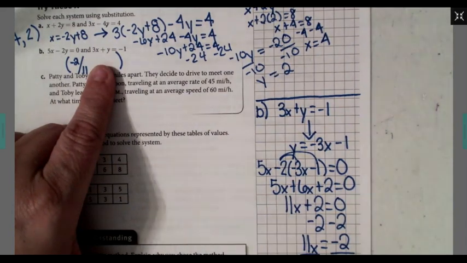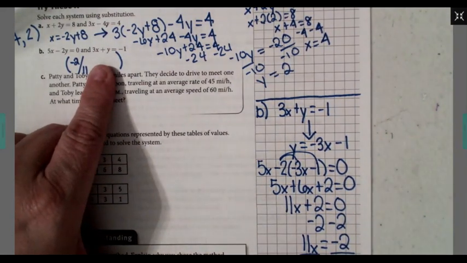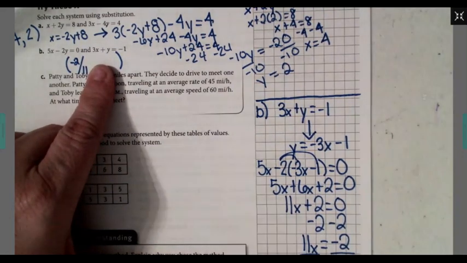Well, this is going to be negative 6 over 11 plus y equals negative 1. I'm going to add 6 elevenths to both sides. We've got y equals, this would be negative 11 over 11, because that's the same as 1.